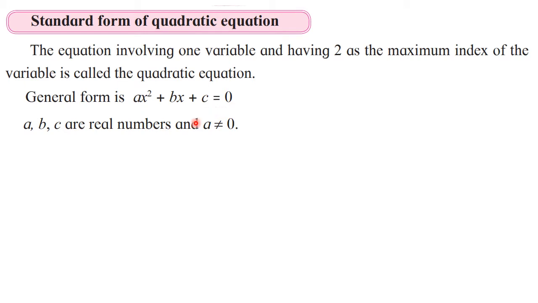So that is why this is an important condition: a cannot be 0, b can be 0 or c can be 0, but a cannot be 0. You have to keep in mind this general form, ax square plus bx plus c is equal to 0, where a, b, c are real numbers and a is not equal to 0. Then we have seen the solved examples.